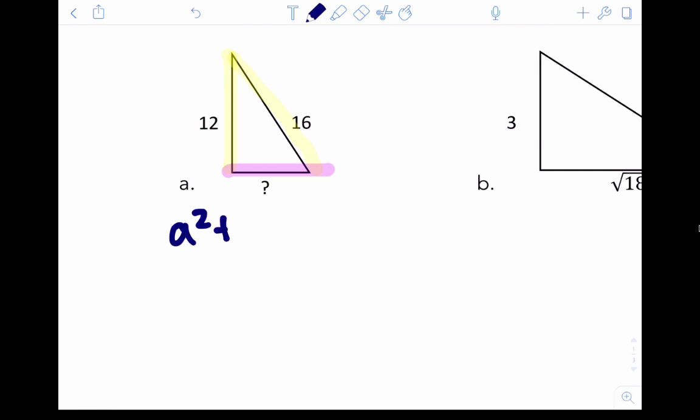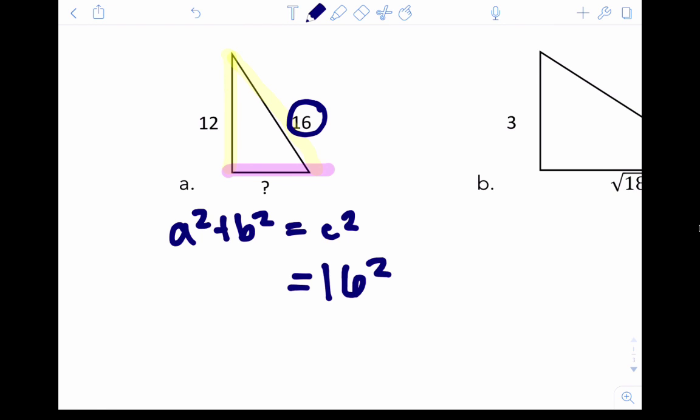So a squared plus b squared equals c squared. 16 is my hypotenuse, so it's going to be my c. And then 12 can be either my a or my b. It does not make a difference. So I'm going to go ahead and set up my equation. I have 12 squared plus b squared equals 16 squared.